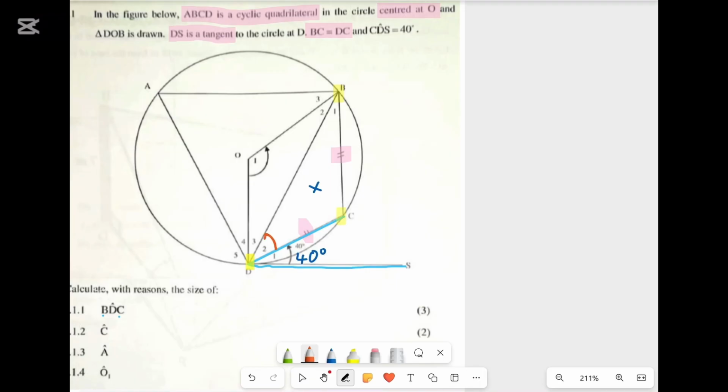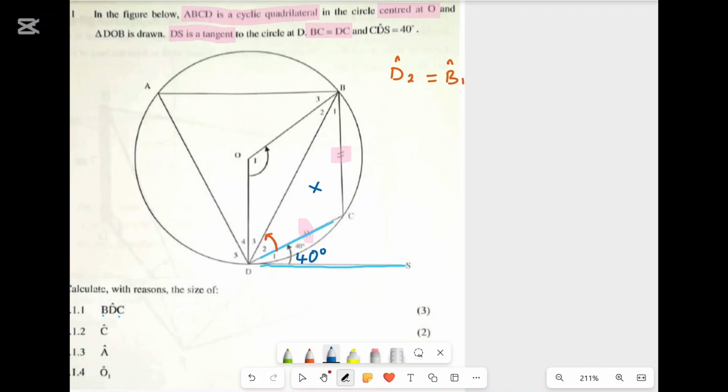You can see that is in the isosceles triangle. Now, if you look at angle D2, you will notice that the angle they are looking for, angle D2, is equal to angle B1.